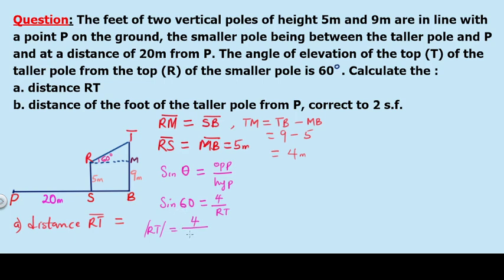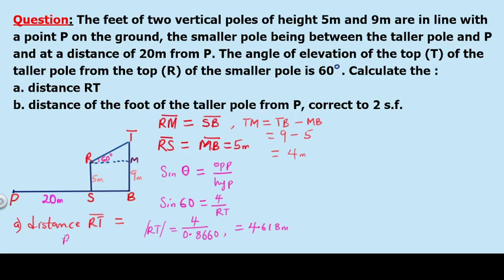Recall that sine 60, if you use your four-figure table, gives you 0.8660. So when we do that, our RT will give us 4.618 meters.